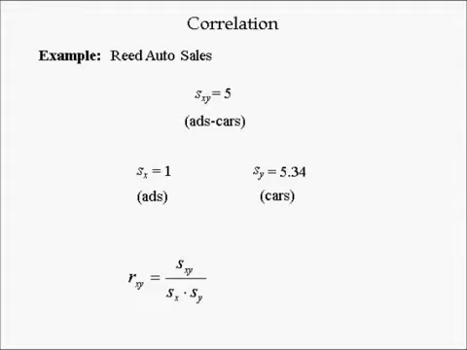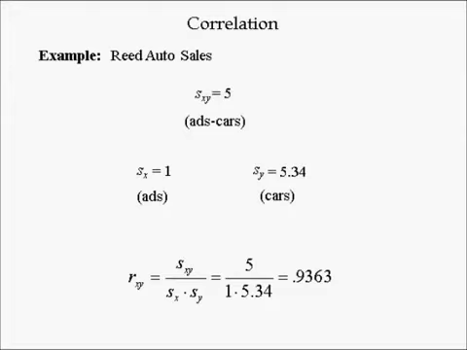The sample correlation is the ratio of the sample covariance, S sub xy, and the product of sample standard deviations, S sub x and S sub y. The sample covariance was 5 ad cars, the sample standard deviation of x was equal to 1 ad, and the sample standard deviation of y was equal to 5.34 cars. The units of the statistics cancel out, hence the sample correlation coefficient is equal to 0.9363.